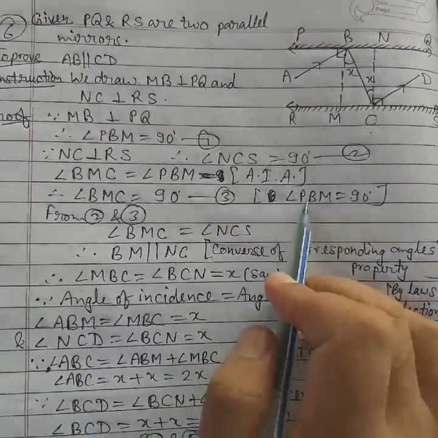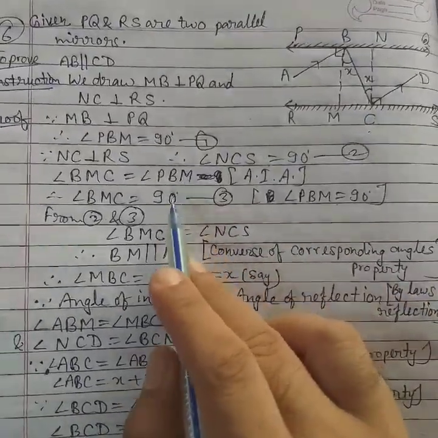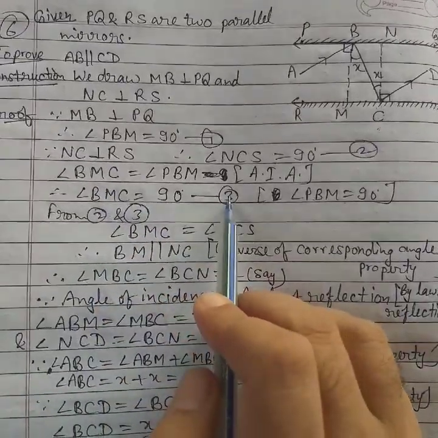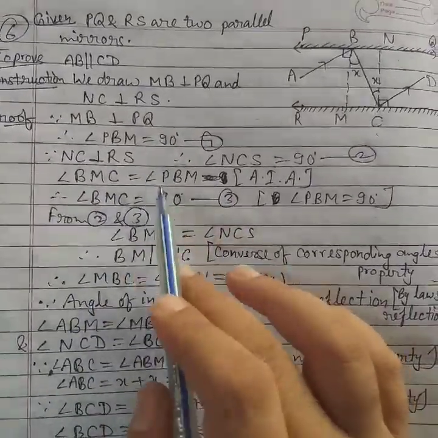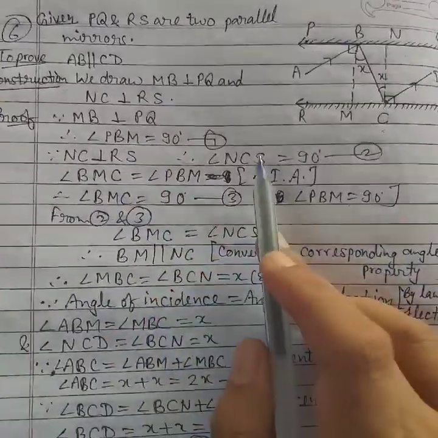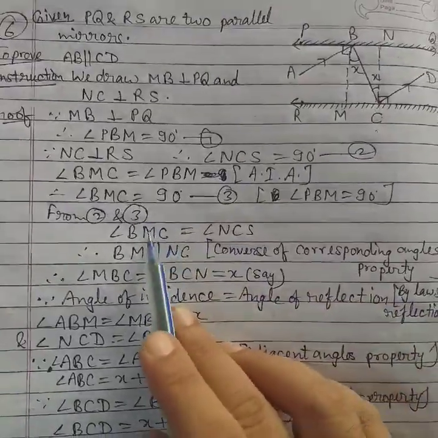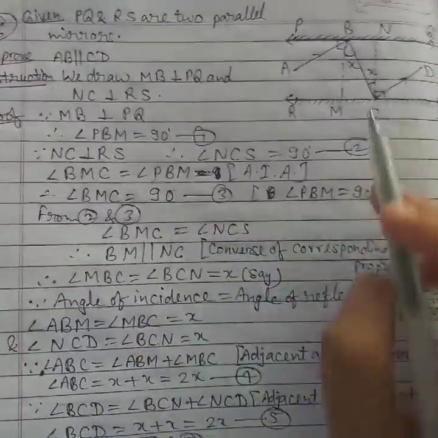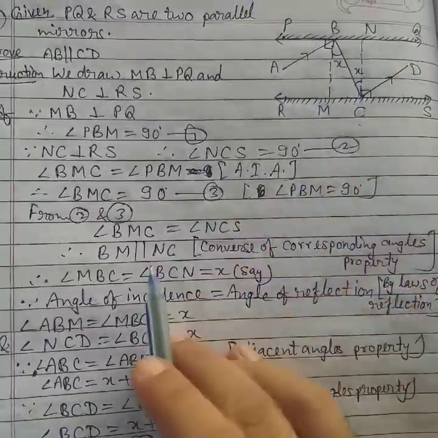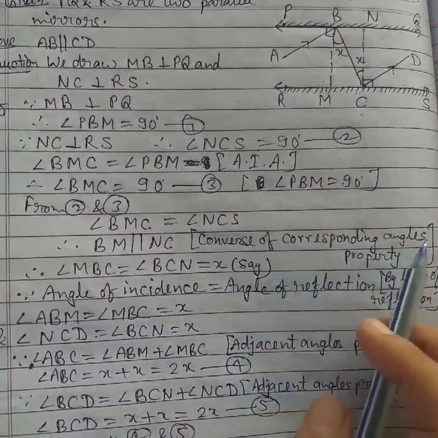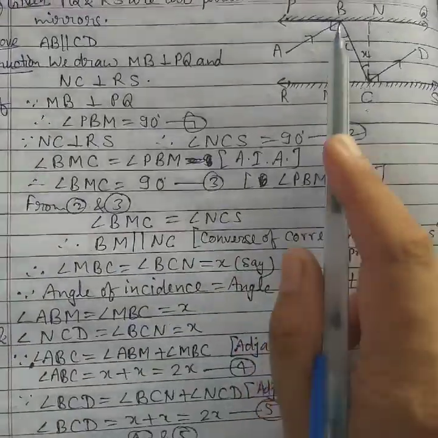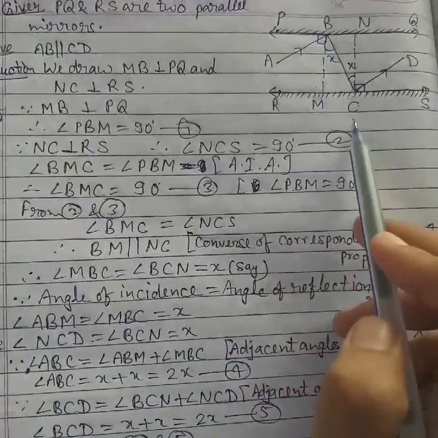So angle BMC equals 90 degrees. This is equation 3. Now from equations 2 and 3, angle BMC equals angle NCS, and these are corresponding angles. So by the converse of the corresponding angles property, BM is parallel to NC.